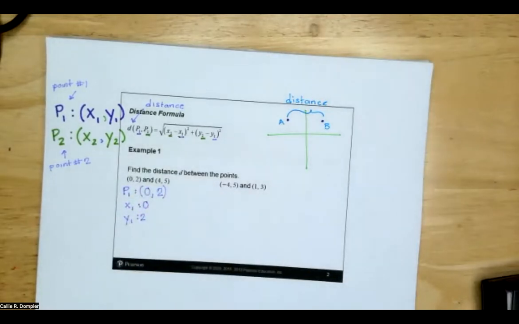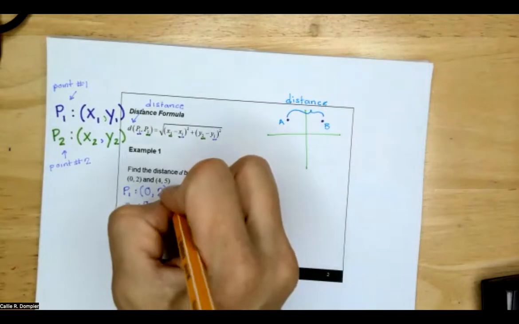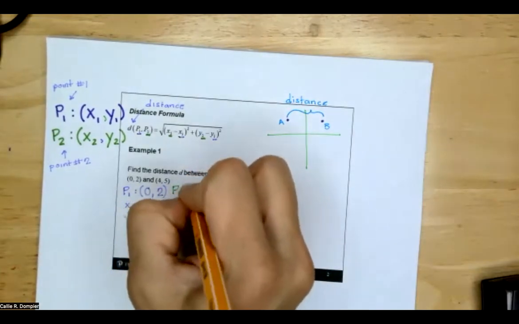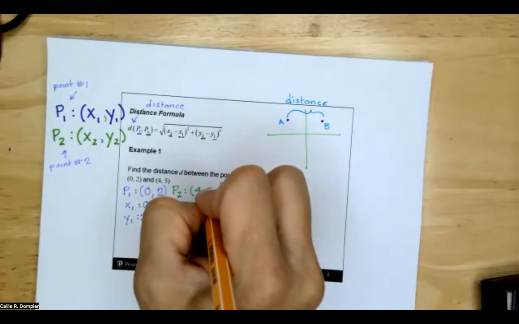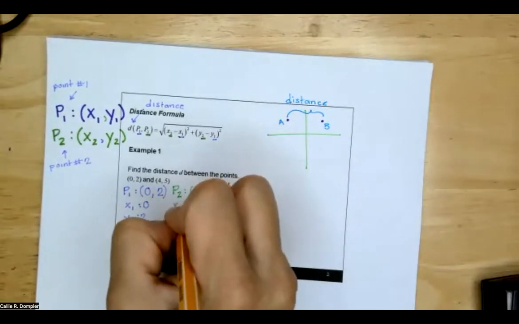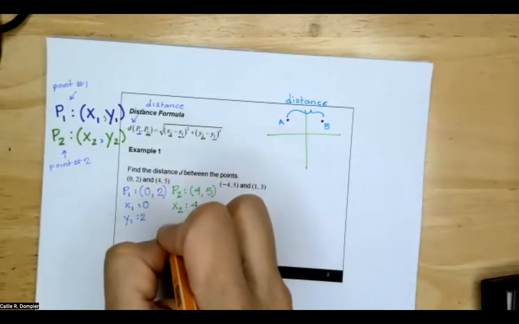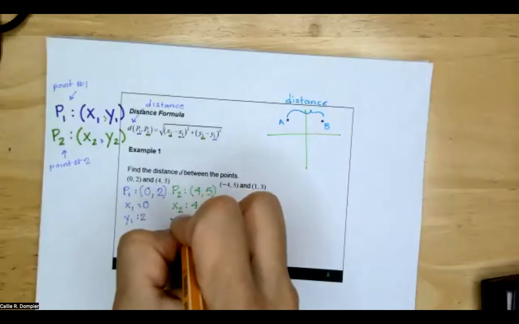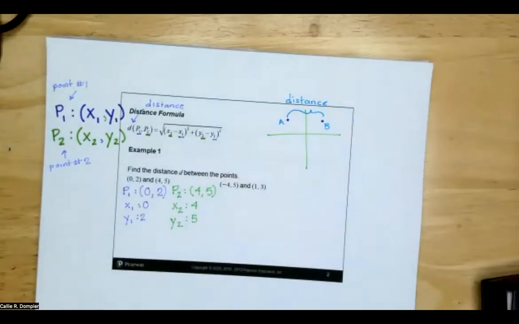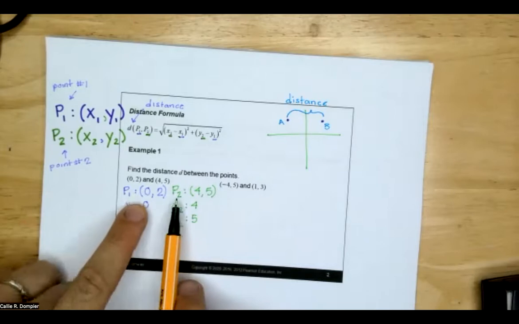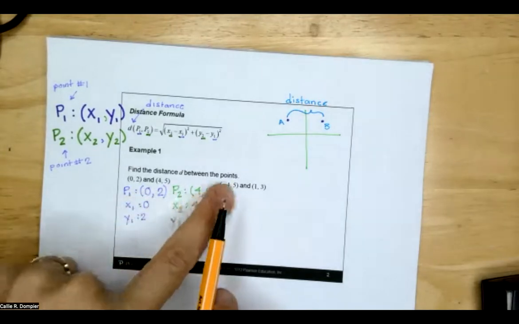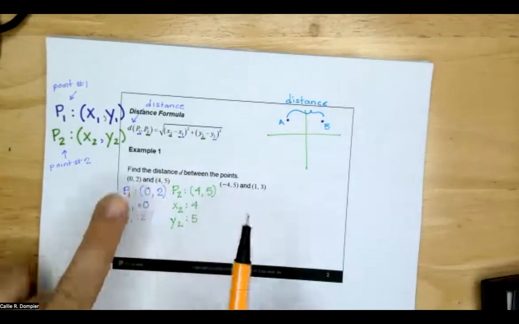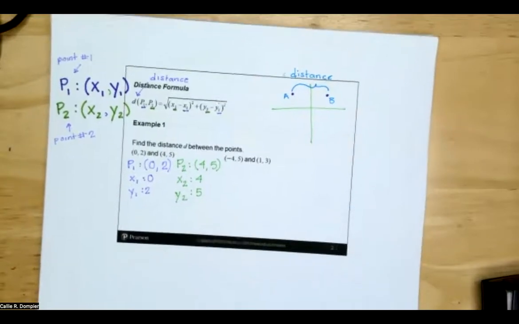Have I made a mistake yet? I'm going to say point 2 is (4, 5). That means X2 is the number 4, Y2 is the number 5. Again, you are welcome to say that this is P1 and this is P2. Don't worry about it.